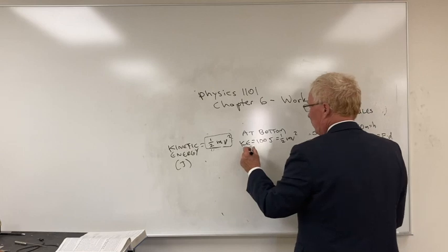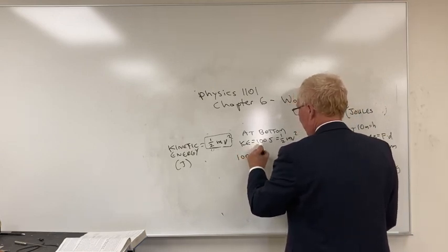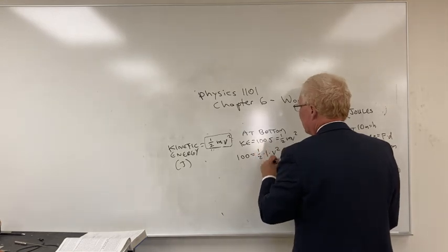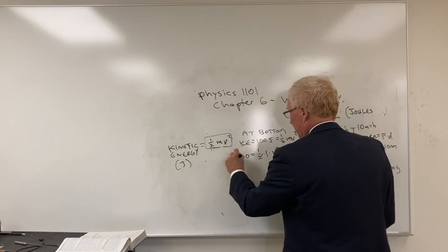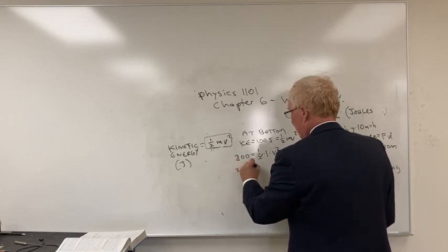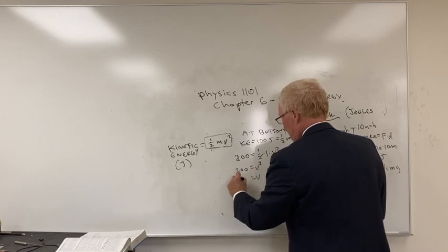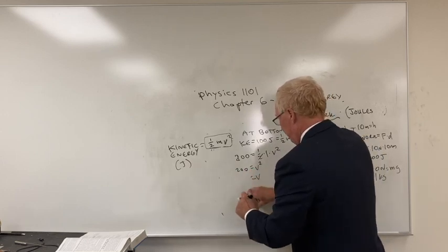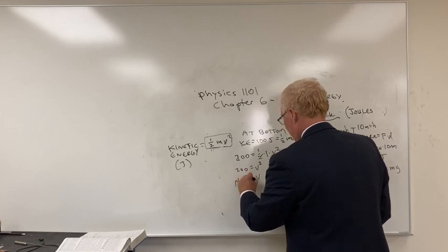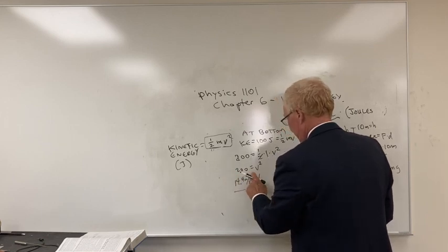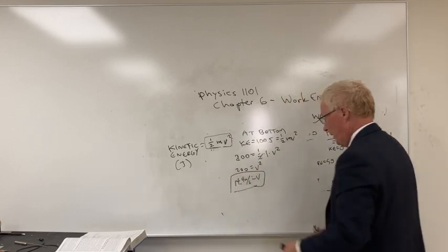So this will be 100 equals 1/2 times 1 times v squared. Multiply both sides by 2. So 200 is v squared. V then would be approximately 14.4 meters per second. So that would be the velocity at the bottom.